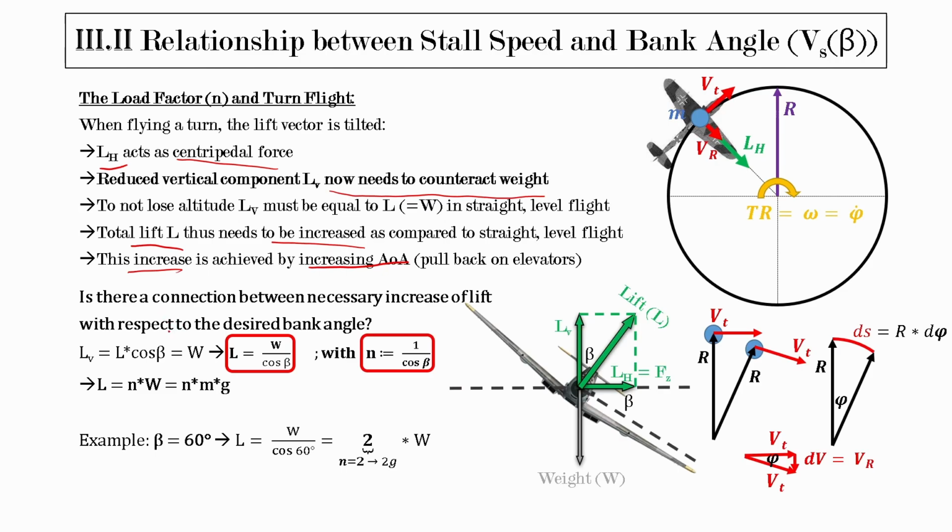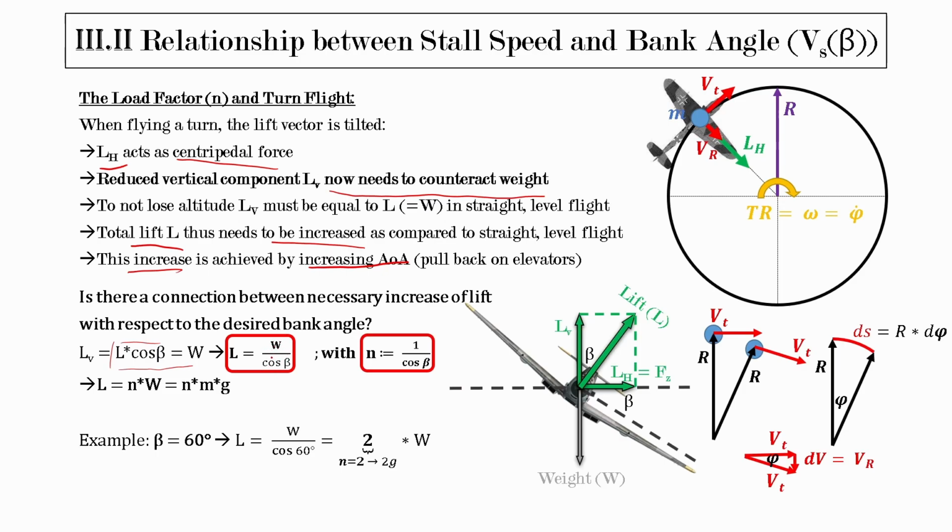So the cool thing is, because we've looked at the equations, there's a direct correlation between the increase in lift and the bank angle. Now if we solve for lift, we can write down that lift, because LV is supposed to be the same as weight, so we are looking at this part of this equation: L equals weight divided by cosine beta, and because we divide by cosine beta, this is going to increase. So this component is, so to speak, increasing the real weight.